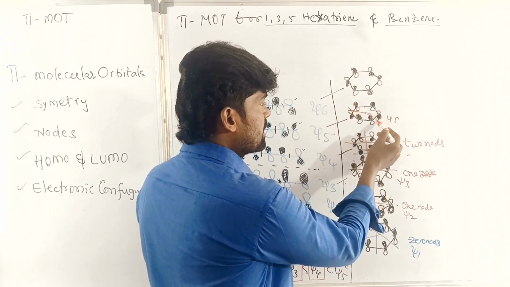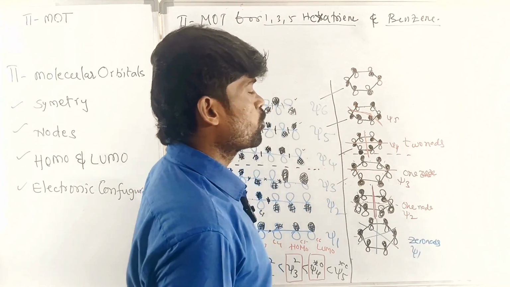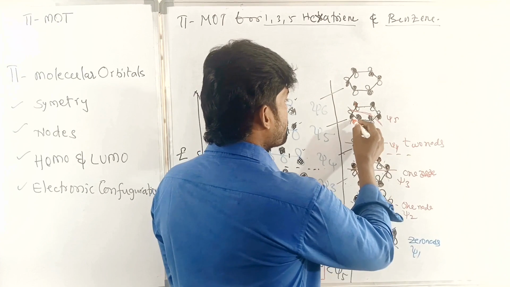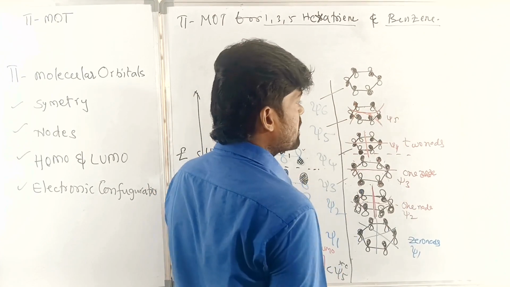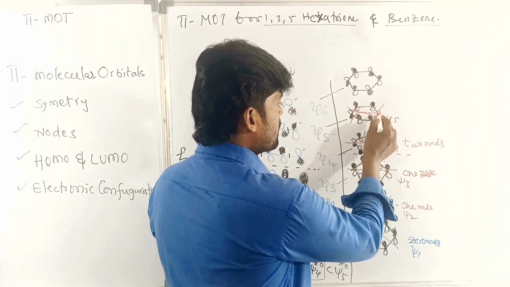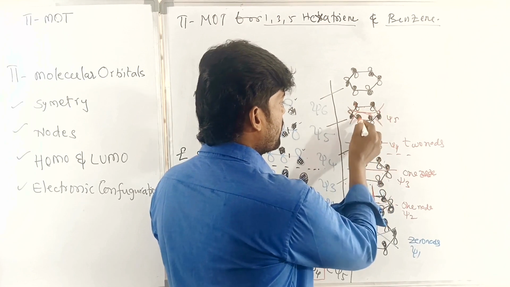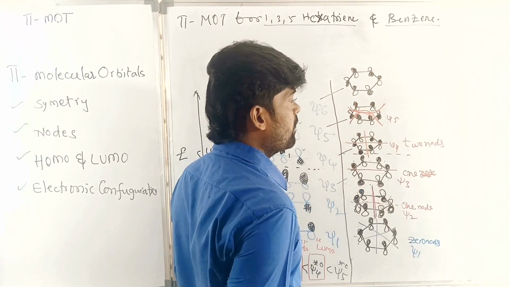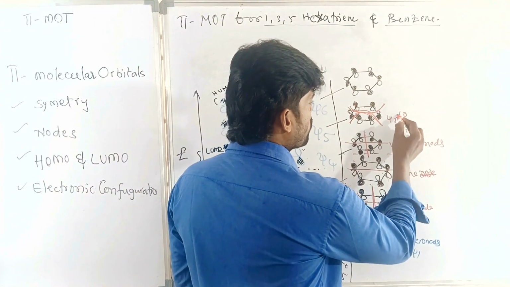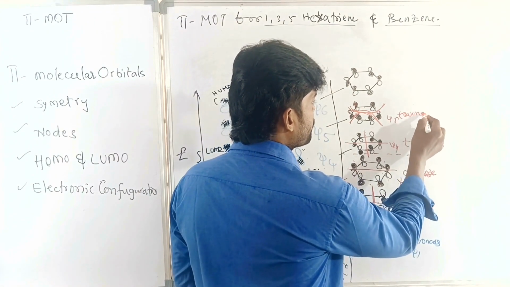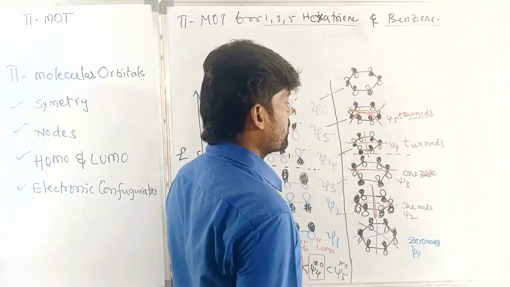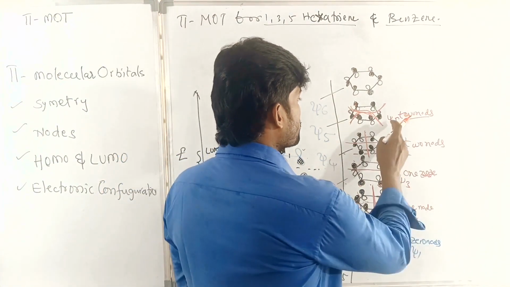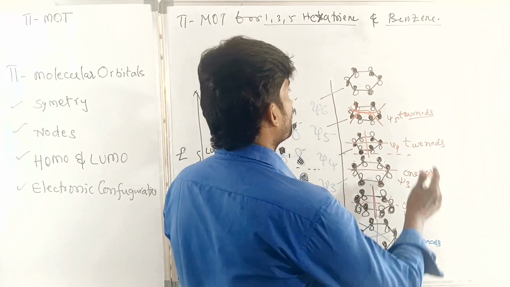So we can easily cut this into two parts with respect to this axis, and with respect to this axis also. Fine. So here also two nodes. With respect to two nodal planes, we can easily separate psi 5 molecular orbital into two different parts.